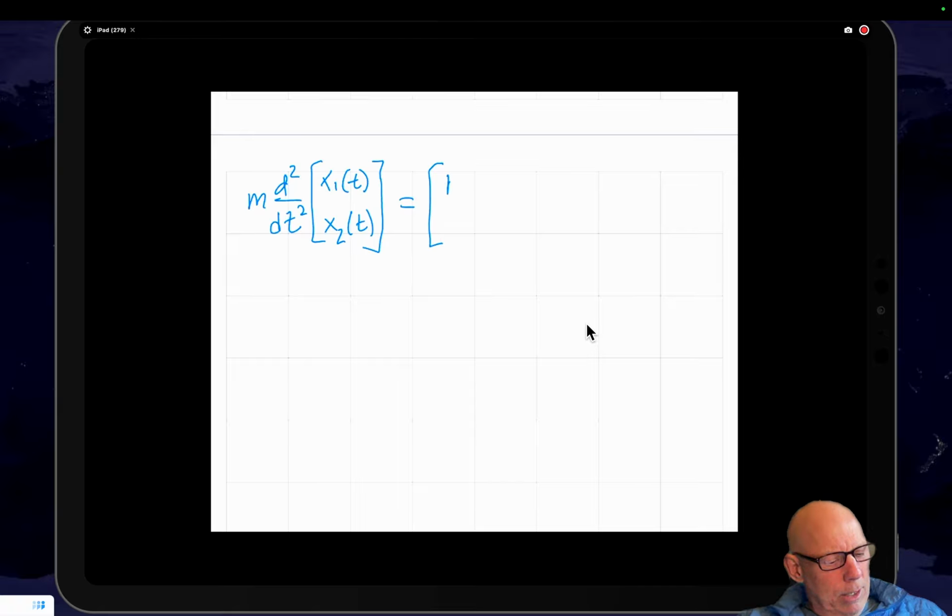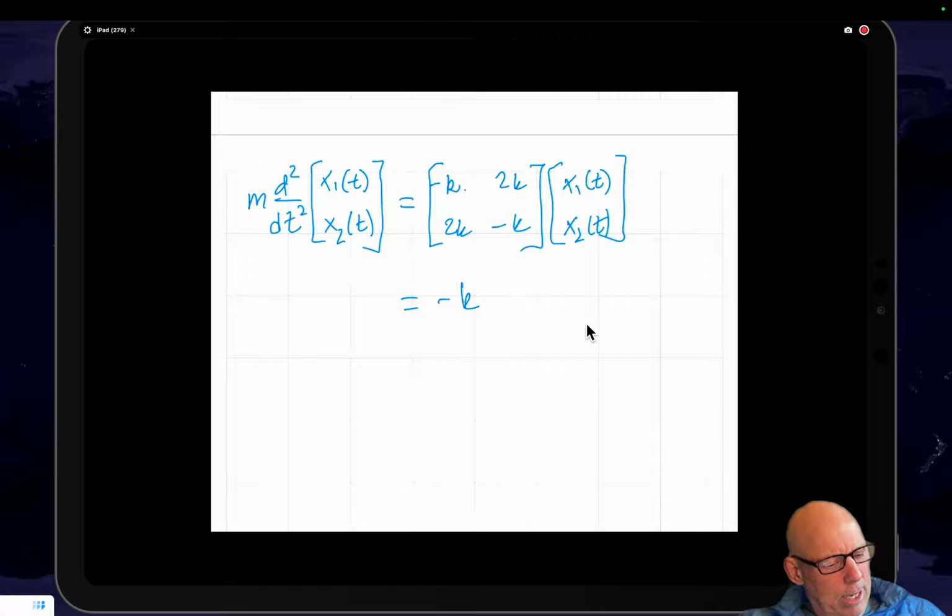So let's see, I have minus k, minus k, plus 2k, 2k, minus k, and then this is acting on x1 of t, x2 of t. Just to check ourselves, let's do this matrix multiplication. I get minus k x1, and then plus 2.